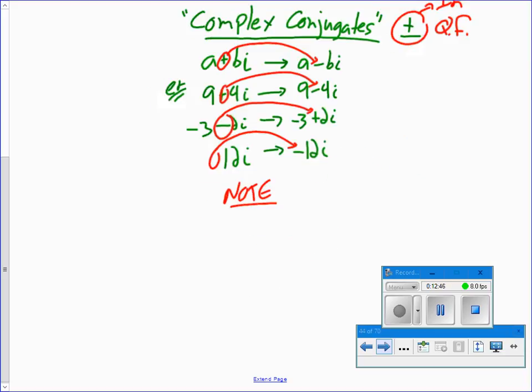And the reason this is important, and we're spending all this time talking about complex conjugates, is solutions to quadratic equations always occur in these conjugate pairs. So if you know one solution that's imaginary, you automatically know the other.